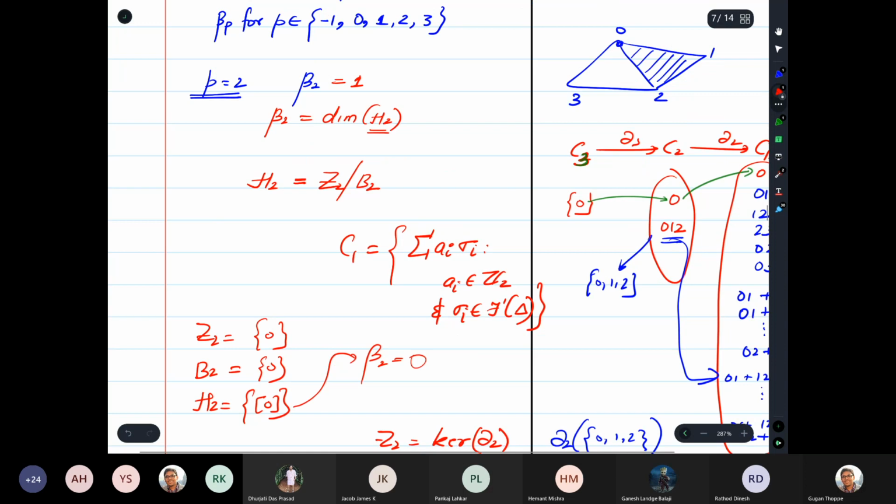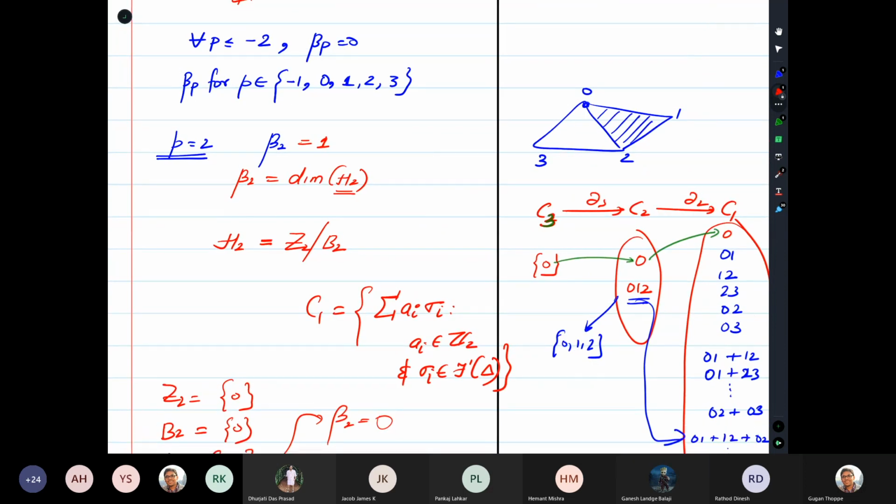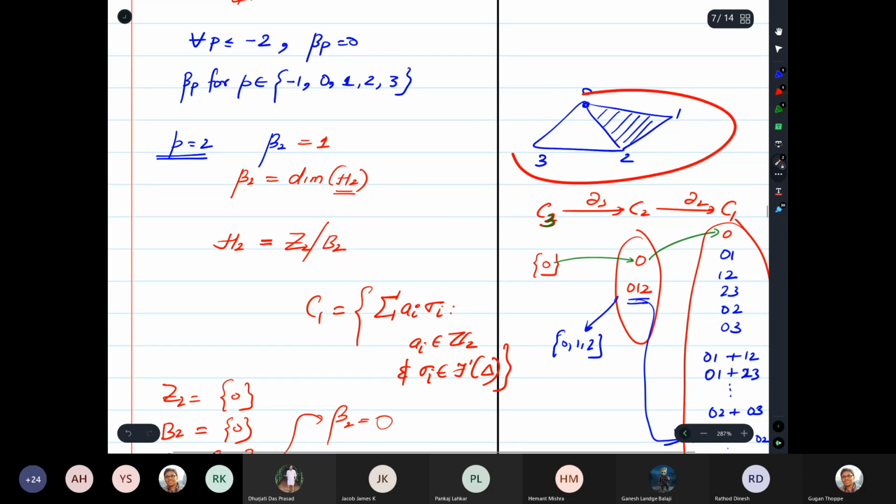Okay, so this is how you have to calculate. While I haven't managed to calculate everything, I encourage you to go ahead and do this exercise on your own and see what the Betti numbers of this abstract simplicial complex turn out to be. Is this okay? So I did the very basic exercise. A teacher always has this luxury of taking the most basic exercise and doing it in front of the class, right?